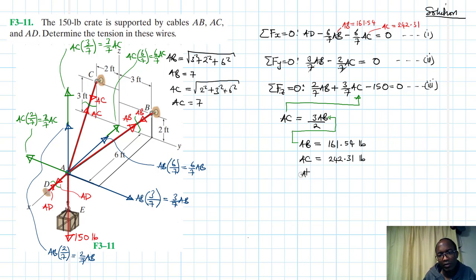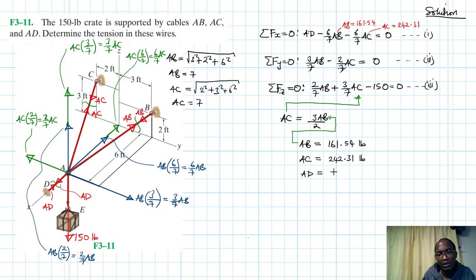AD therefore is equal to 6, okay, you can factor out that. So it's 161.54 and 242.31 times 6/7.